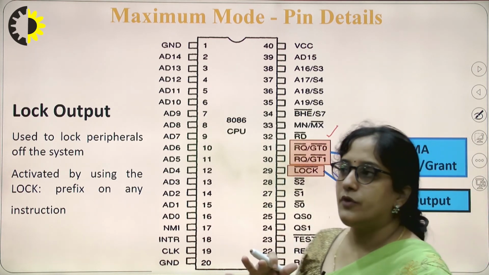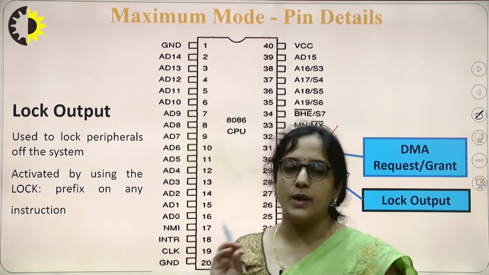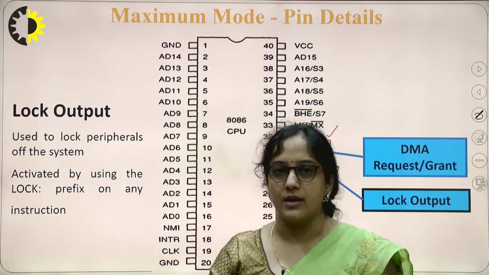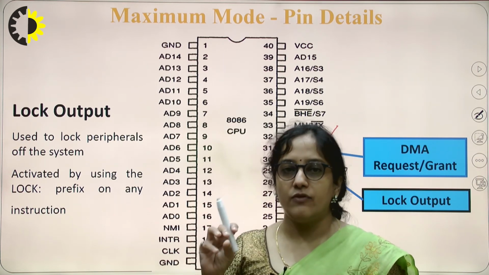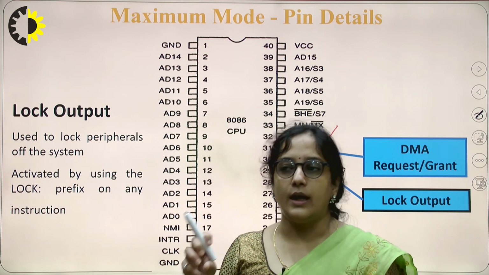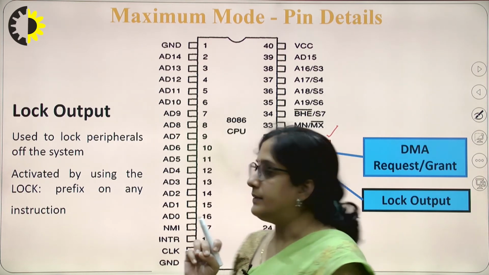For example, if the microprocessor is performing some task and does not want to release bus control to another processor in between, it will lock the system so that no other processor can send a request to the microprocessor.